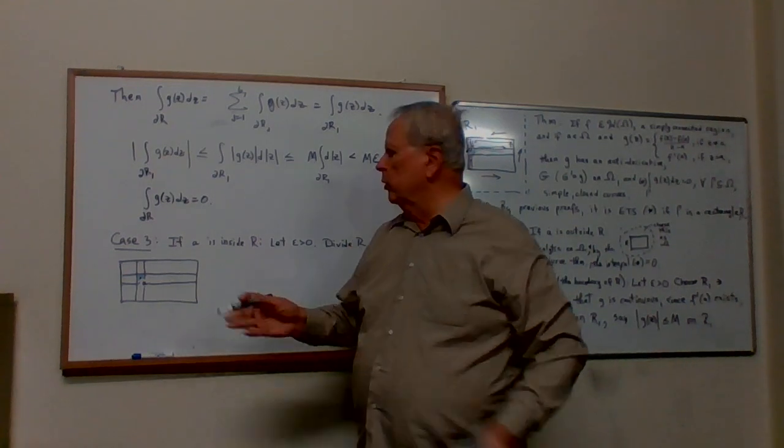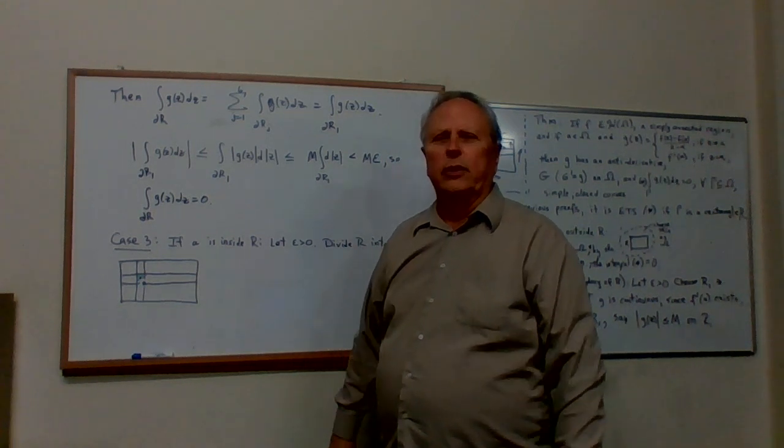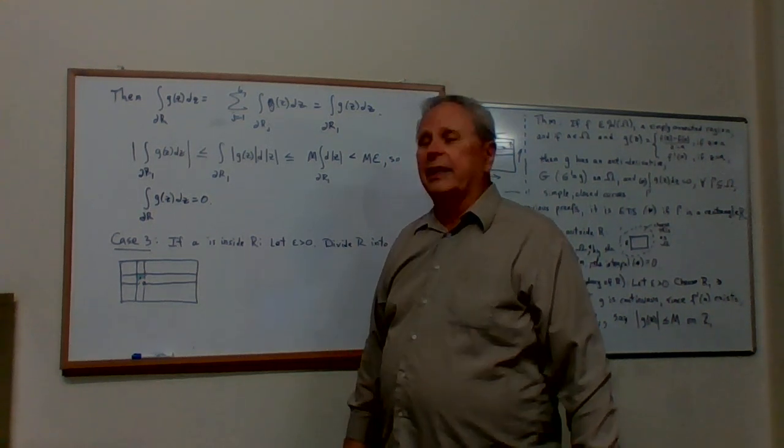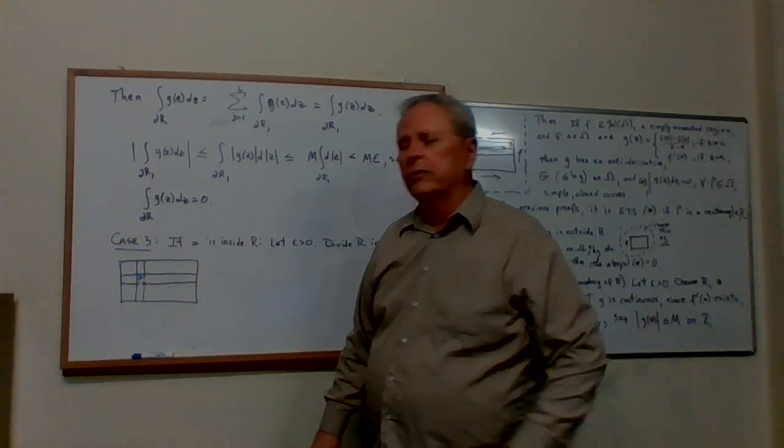And you can imagine we're going to do the same thing. All of the interior paths cancel, their integrals cancel. So the only thing that counts is the integral on the outsides.